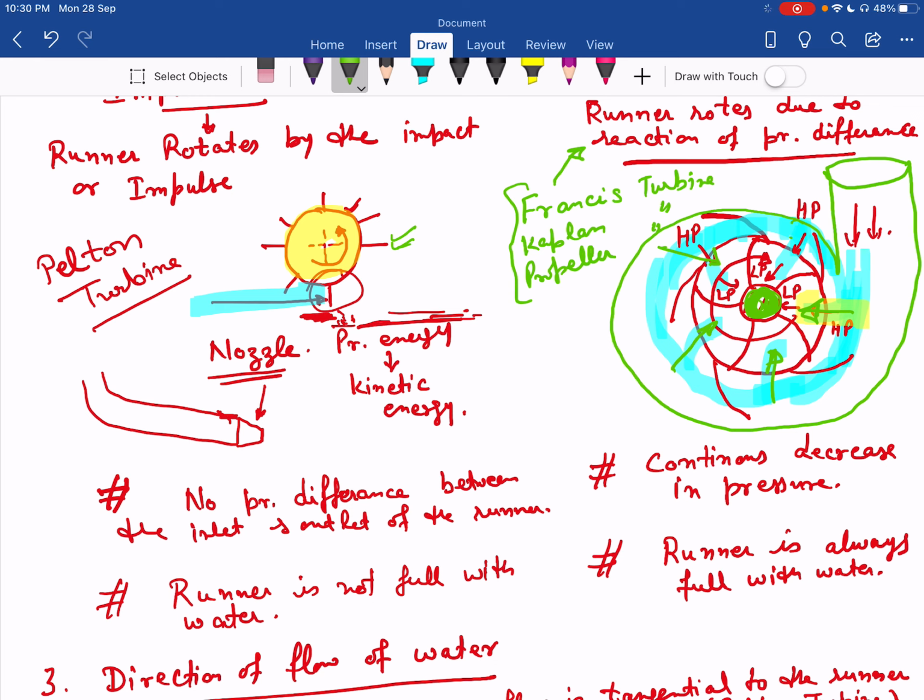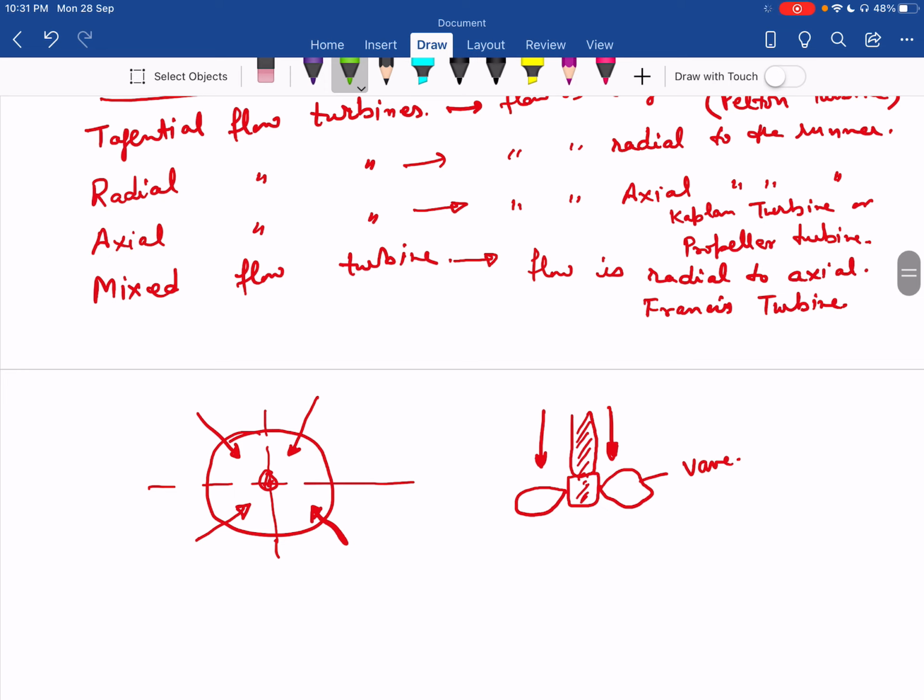So we can discuss in detail when we see the Francis turbine, the cut section views of Francis turbine. Then you can view how this flow changes from radial to axial direction in the runner. So the mixed flow turbine is the Francis turbine.